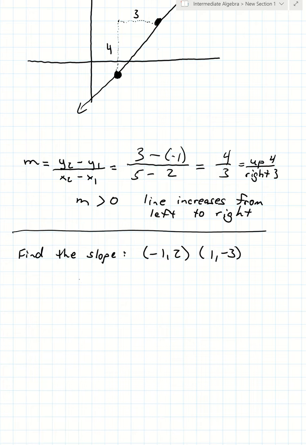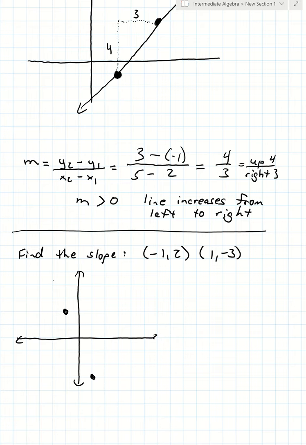I'm going to start by graphing my ordered pairs on my coordinate plane. So (-1, 2) would be here. (1, -3) would be here.